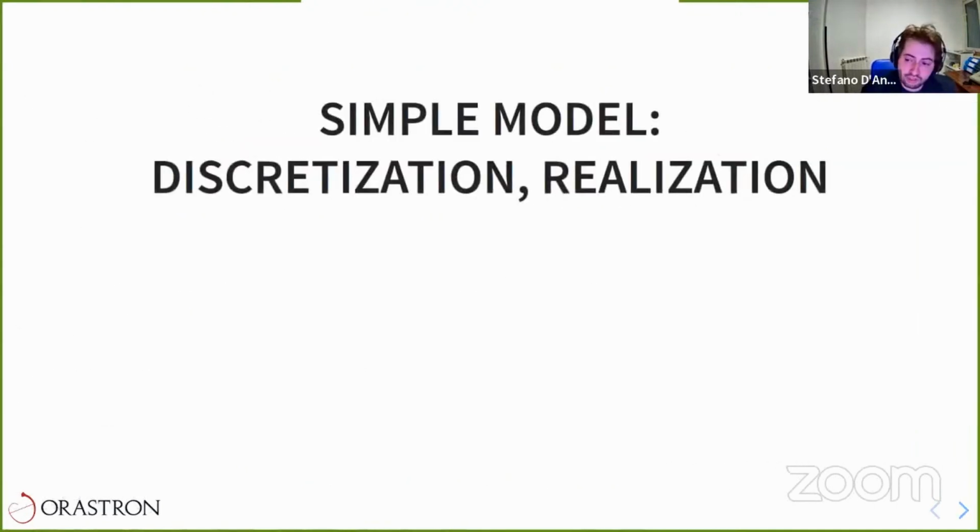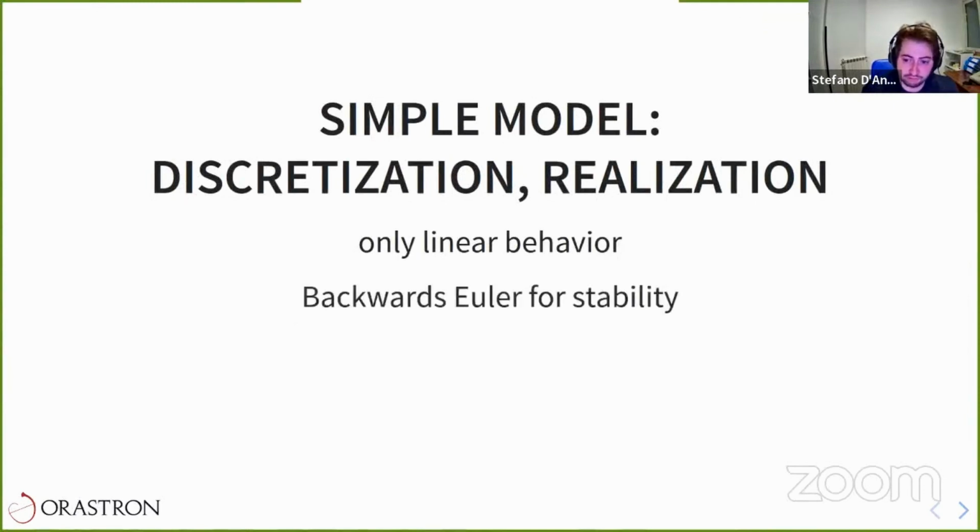When it comes to discretization and realization, I would suggest to start by only implementing linear behavior. That's complicated enough. To use backwards Euler discretization to get maximum possible stability, because that's usually a big problem with digital filters.